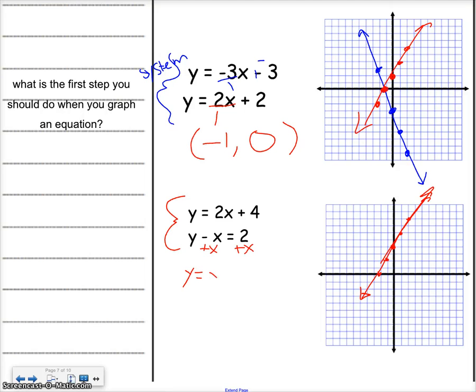Y equals x plus 2. And now I can graph it. So I have a y-intercept of 2 and a slope of 1. Up 1, over. I can see I'm getting nowhere near the line that I'm trying to intersect. So I'm going to go the other direction. Down 1, over. Found it.